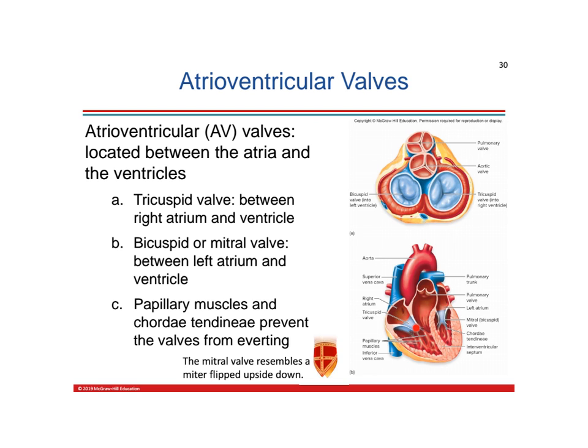Now, to prevent that, you have these things called chordae tendineae, which is the plural. So what these do is these are fibrous cords that attach to these cusps of the valve, and they prevent the valve from everting into the right atrium when there's a higher pressure in the right ventricle compared to the right atrium.